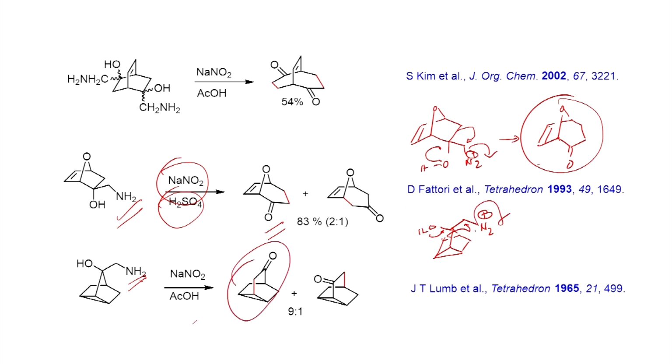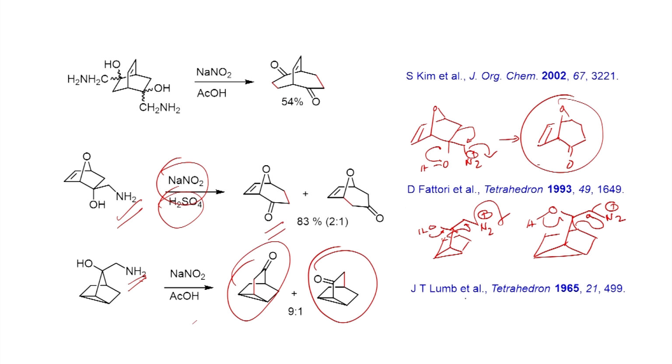On the other hand, suppose this bond migrates here, then you will be able to get this tricyclic ketone as the product.